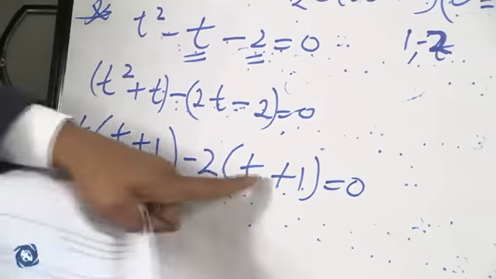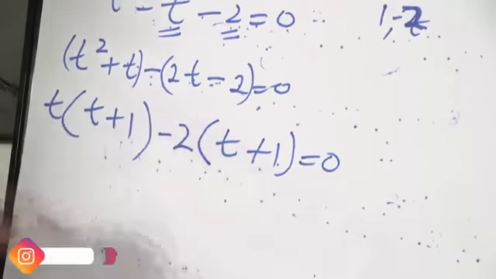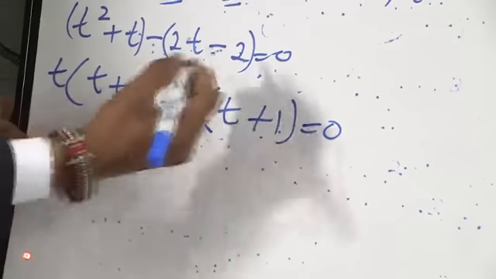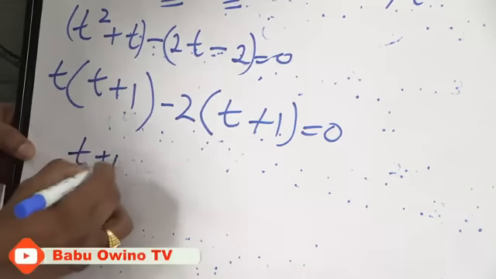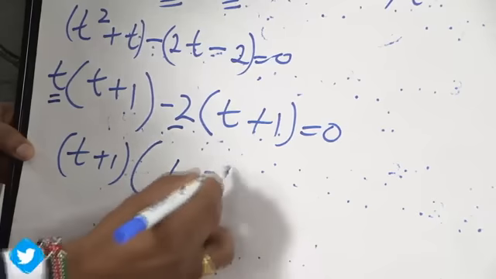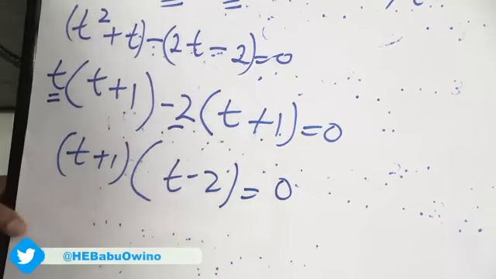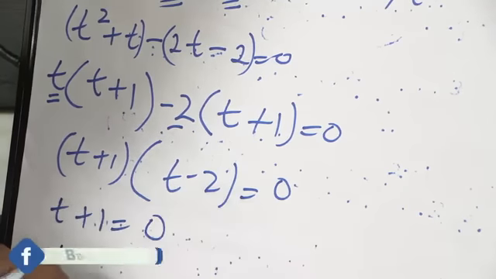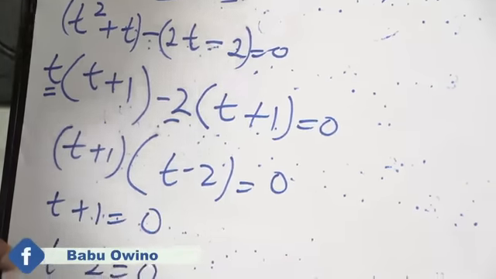Because in our bracket, you can see clearly we have a common factor of t plus 1. So we collect the common factor of t plus 1, and then you pick t minus 2, and you equate to 0. So t plus 1 equals 0, and t minus 2 equals 0.